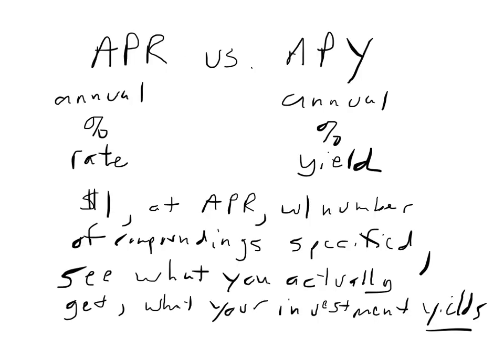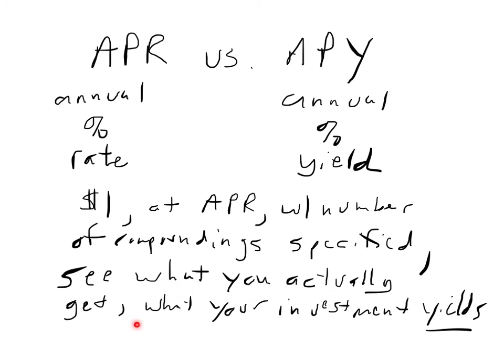Okay, so last concept here I want to talk about from Section 5.4, actually I think it relates to Section 5.3 as well, is this idea of an annual percentage rate versus an annual percentage yield. APR, annual percentage rate; annual percentage yield, APY. Let's say I take $1 at a certain APR with a specified number of compoundings.